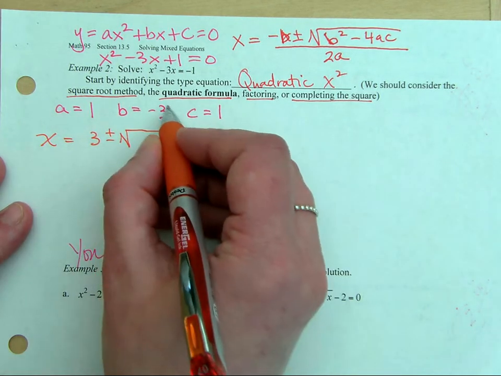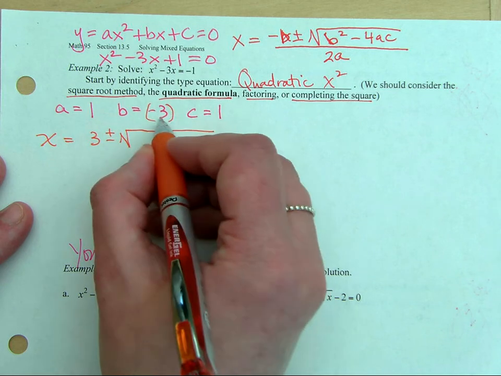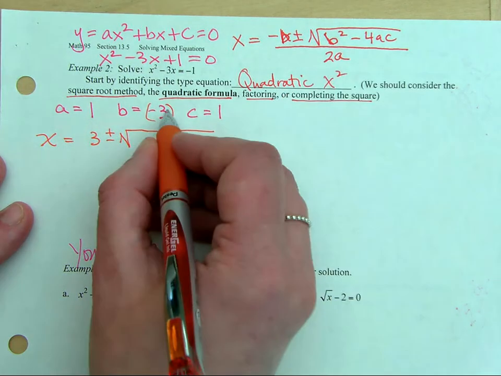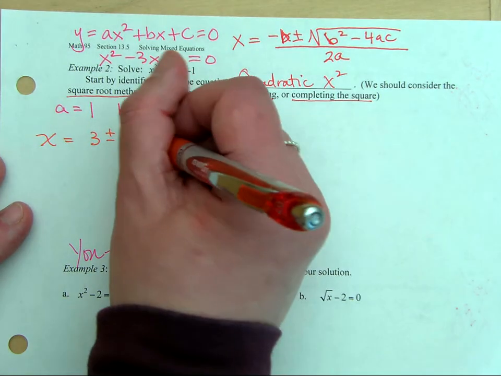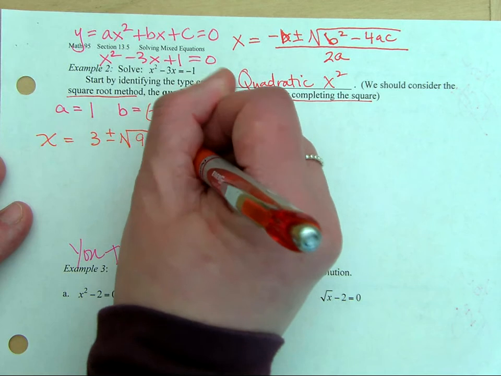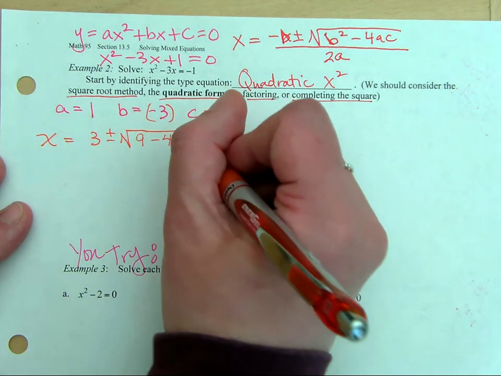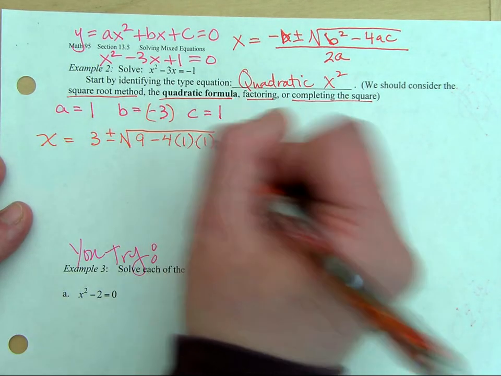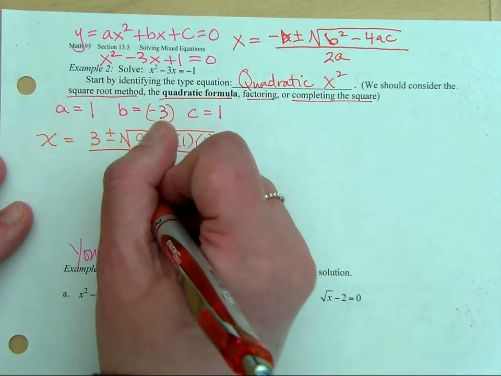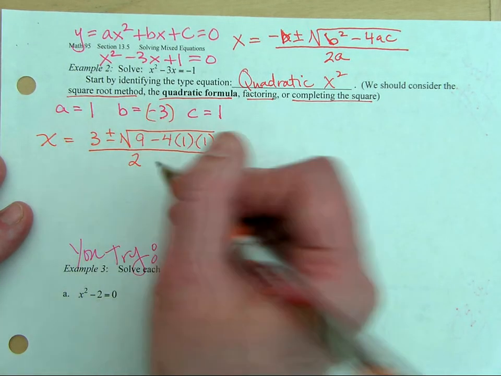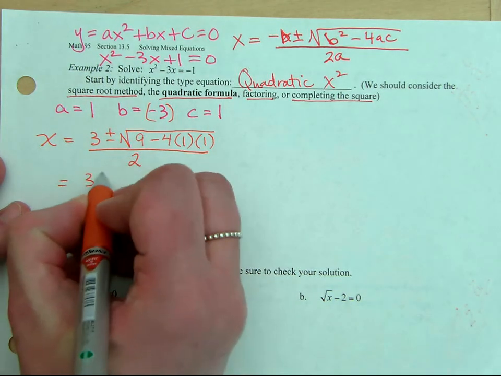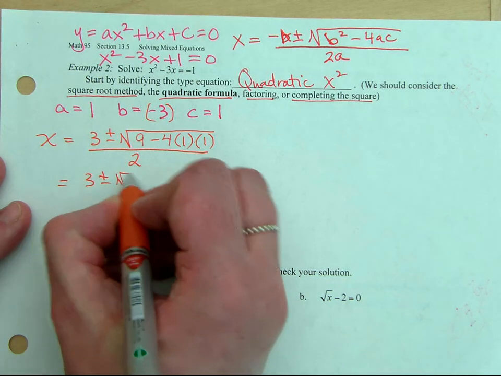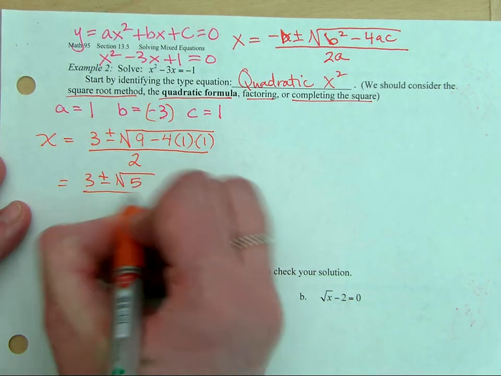That's going to be b squared, so I'm going to square all of negative 3, and what do I get if I square that? 9, minus 4 times a, which is 1, times c, which is 1, all over 2 times a, which is just 2. 2 times 1 is 2. Okay, now we simplify, and we get 3 plus or minus the square root of 5 over 2.